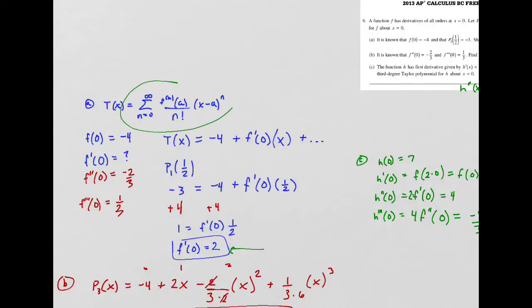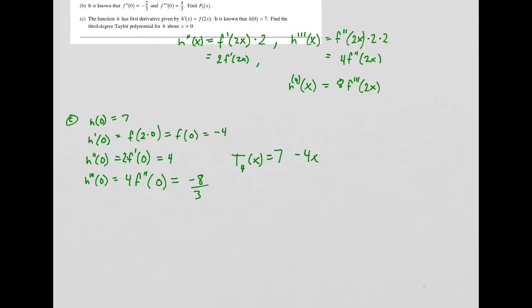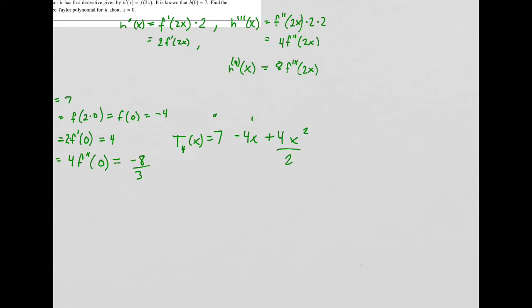So that's the second term, and then plus 4 times x minus 0 squared divided by 2 factorial, which is just 2, and then minus 8 thirds x cubed divided by 3 factorial, which is 6.